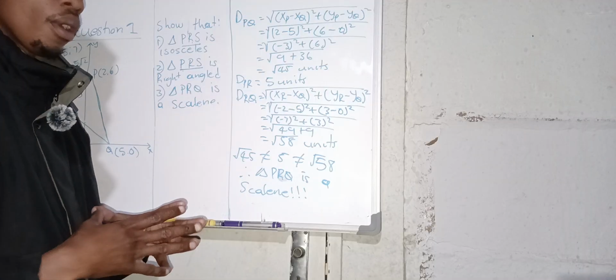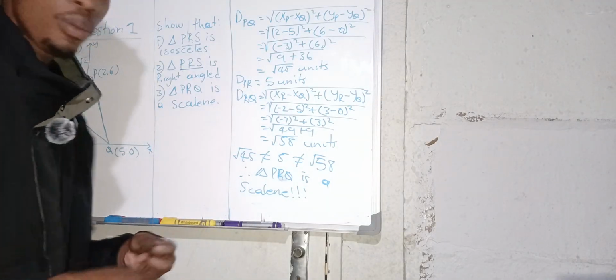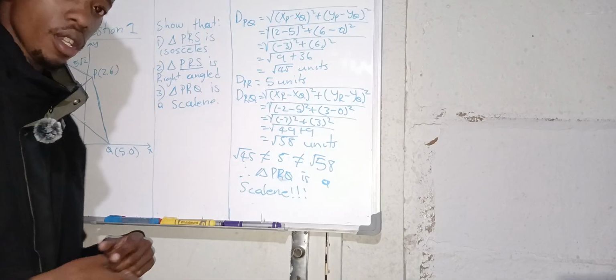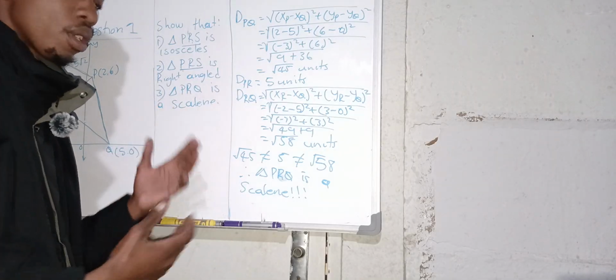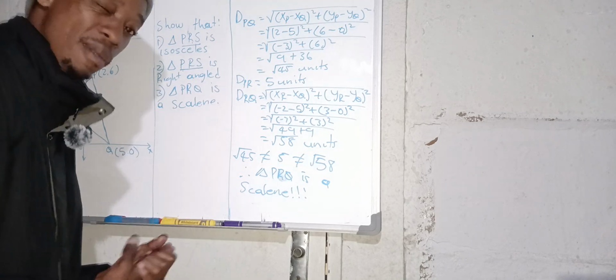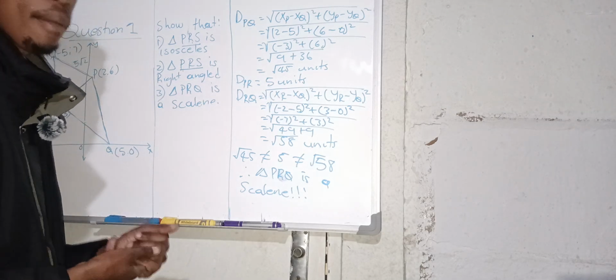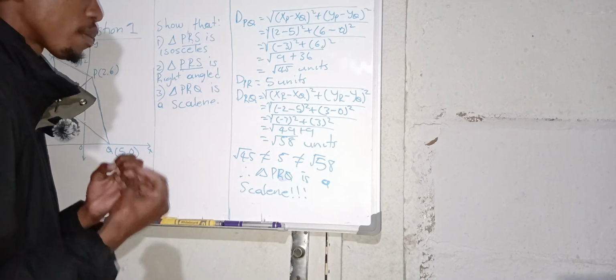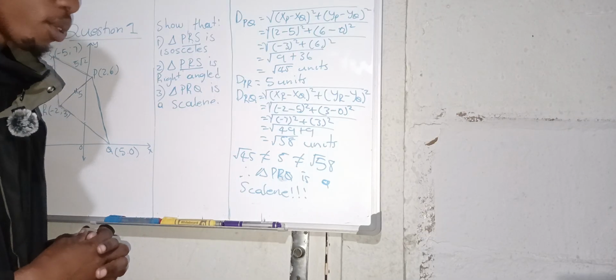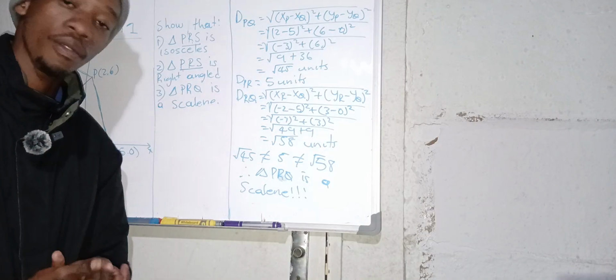So I started showing you the distance, the midpoint, the gradient, and then I'm showing you how to use these things. You see, they can give you such things and then ask you to find them in a particular method. So you need to be able to utilize these things. This is beautiful, guys, and I hope it makes sense. This is just the first part of the video.